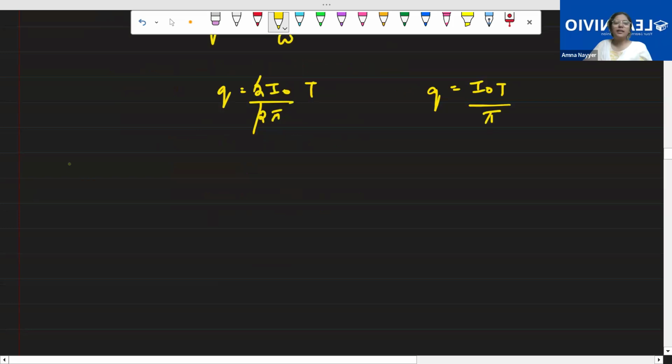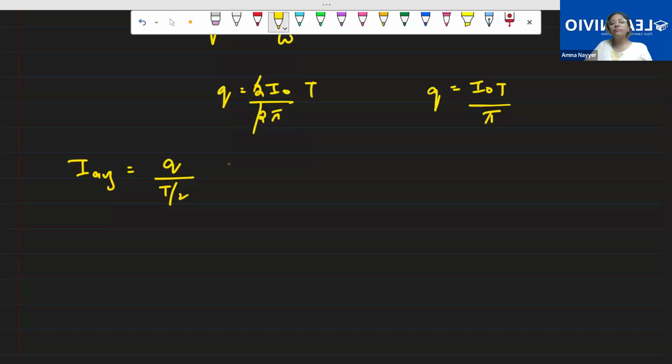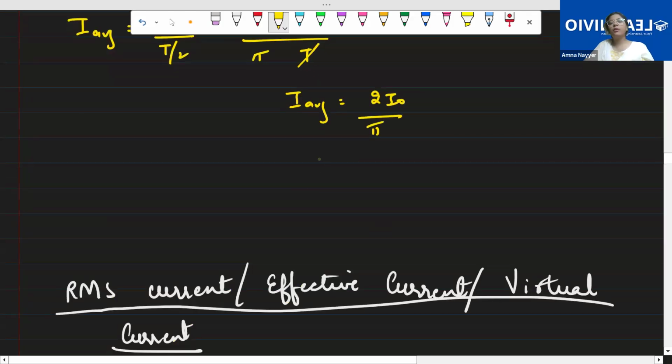Now class, let's write the current. Current will be charge divided by time. Time is T by 2. 2 goes up, so 2 I naught T by pi, and this T, so T and T will be cancelled. I average becomes 2 I naught by pi, while E average comes to 2 E naught by pi.